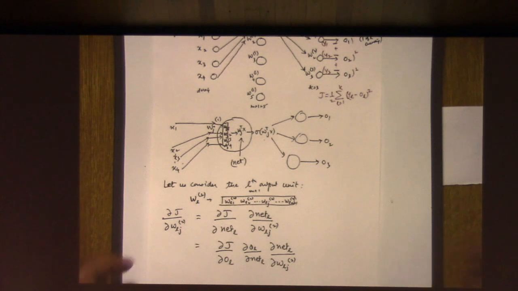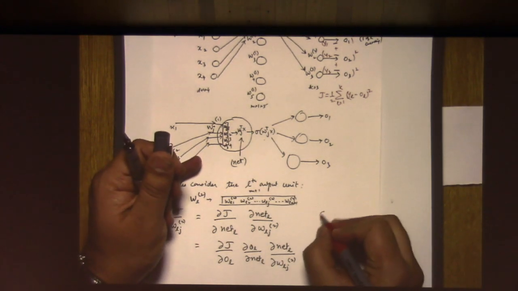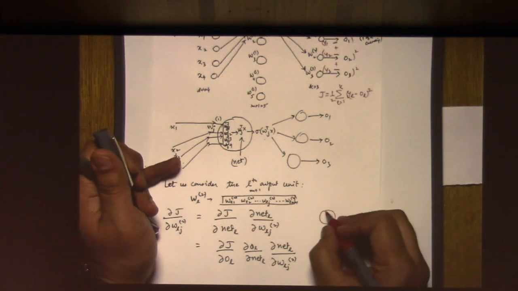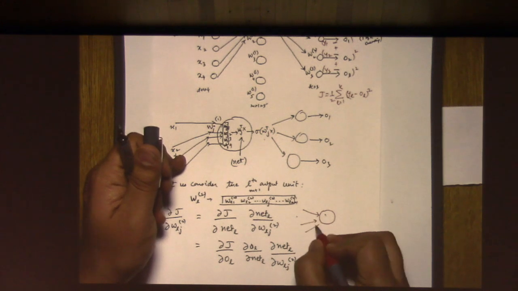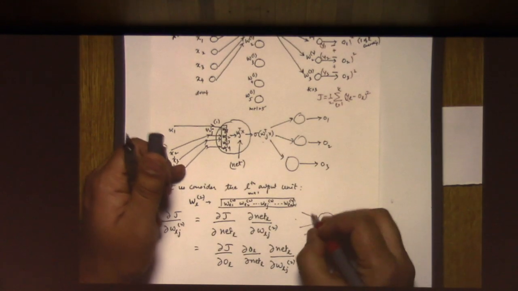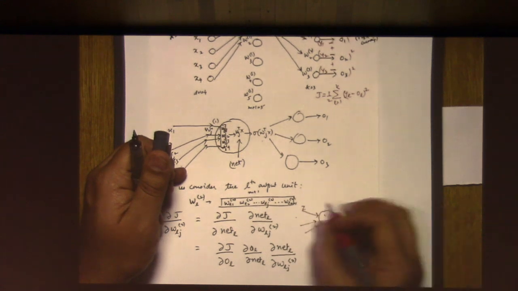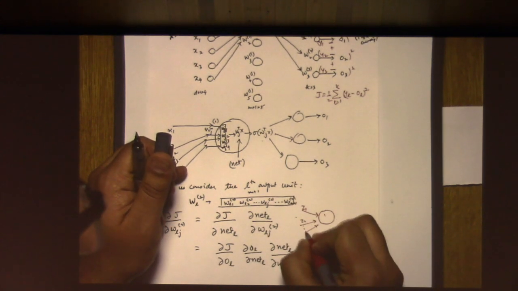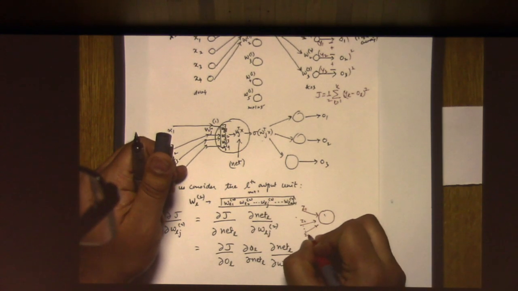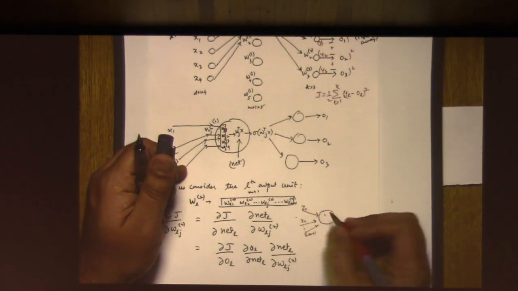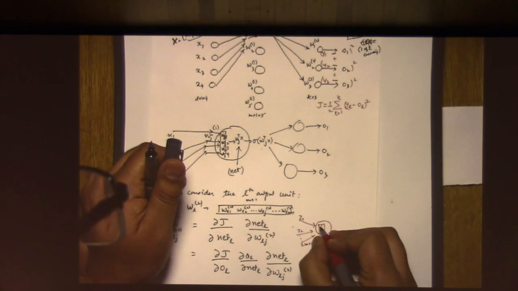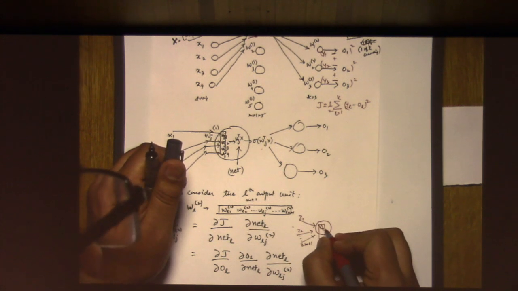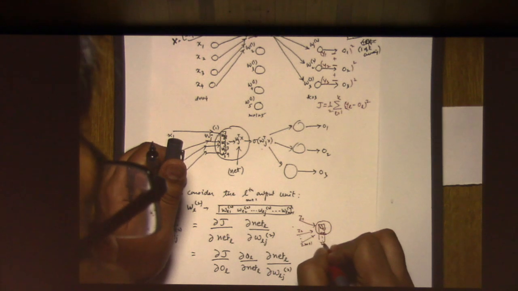All right, so let me just draw a little diagram here so that you don't get confused. What's happening at the Lth output unit is that there are some inputs coming to it from the hidden layer. Let's call them z1, z2, and we'll see what they are eventually. So there are m+1 inputs coming in from the hidden layer, and all of them get multiplied with W_L of 1, W_L of 2, till W_L of m+1.